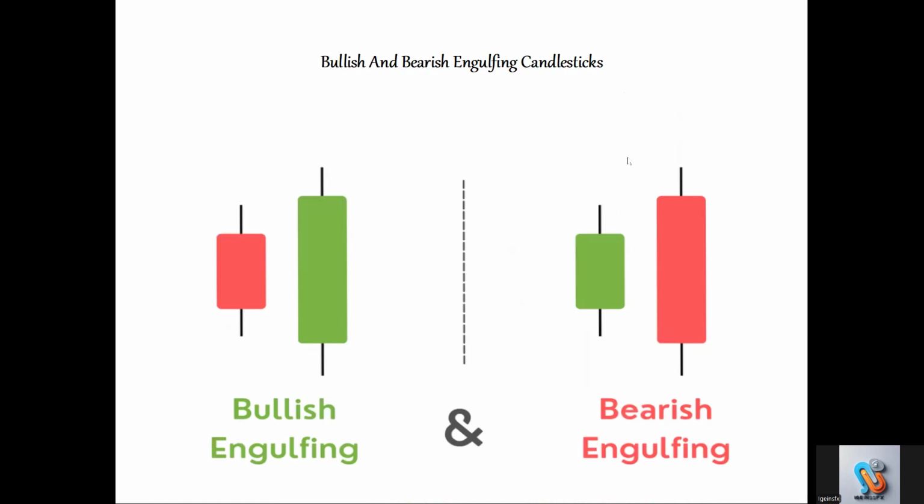So the bearish engulfing candle simply means that the trend was bullish, and it got to a resistance level. A resistance level, guys, is a level where sellers will always wait patiently for price to get to. As soon as price gets to that level, they start pushing the price to the downside.